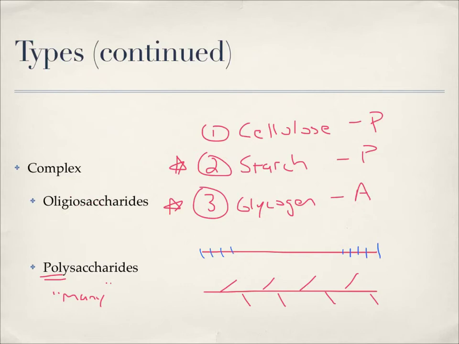So it takes a long time to break that down, 8 to 10 to 12 hours. If you have glycogen, which is basically blood sugar type stuff, this is in your bloodstream, and you can break it down here and here and here, at any of these branches, so you can get a lot more instant energy from it, or relatively instant. It goes a lot faster.